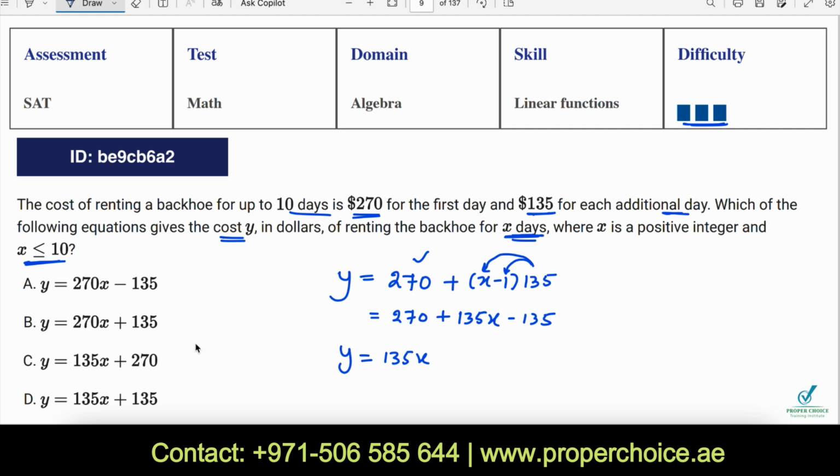Just by doing this, I get rid of option A and option B, because they are writing 270 each, and 270 minus 135 gives me plus 135. So 135x plus 135 makes sense with option D as the answer.